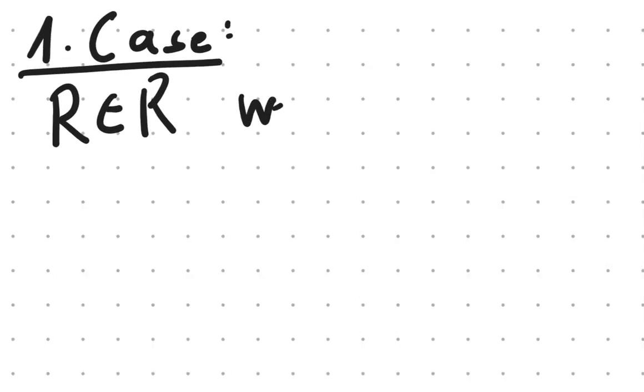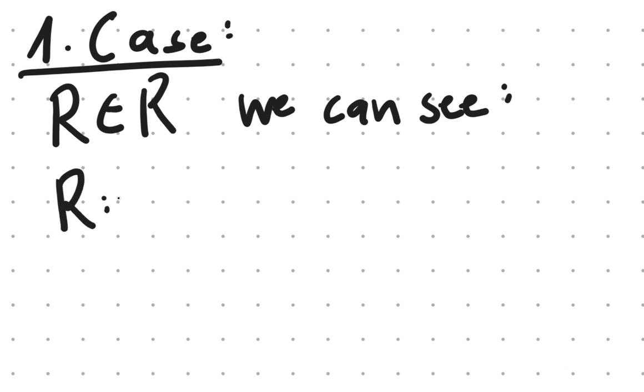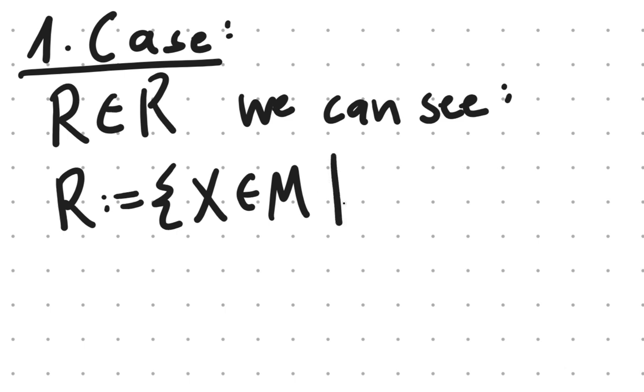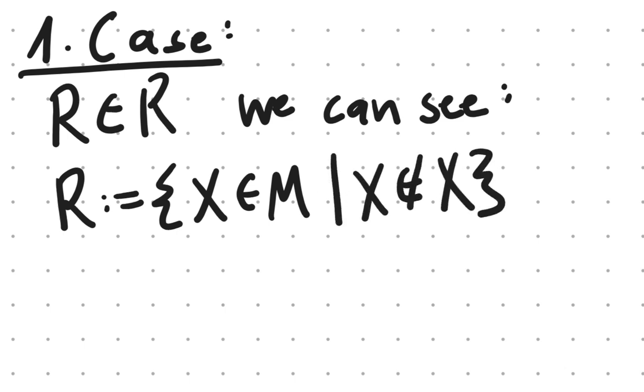we can see that if the rest set is an element of the rest set, then the rest set per definition is defined as a set that is in M, such that the set is not containing itself.